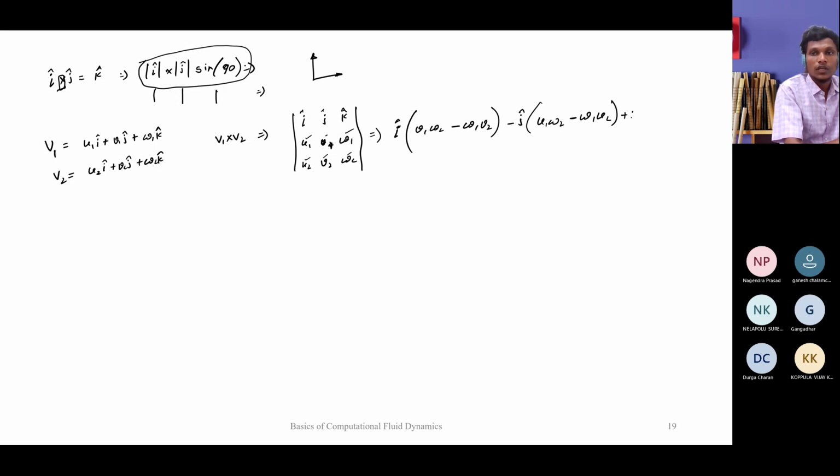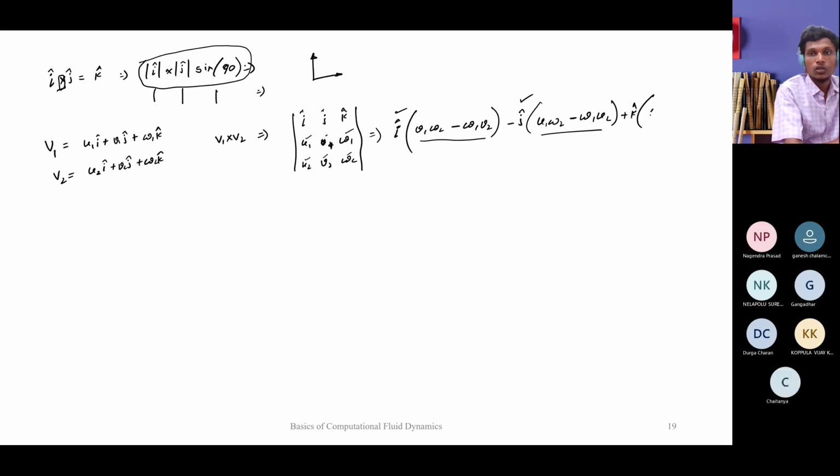So this is how you can expand your definition of the things. Okay, we are just now doing i cap and j cap. We don't have any magnitudes of this. So if you see the k cap definition, the last thing involves only u1 v2 minus v1 u2.